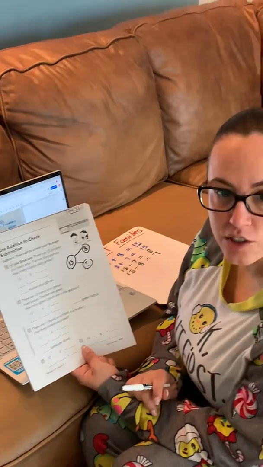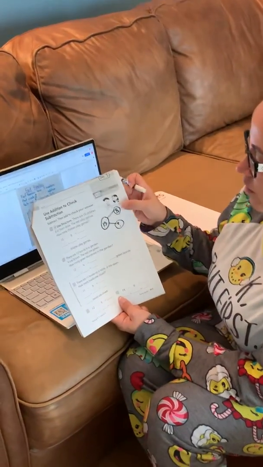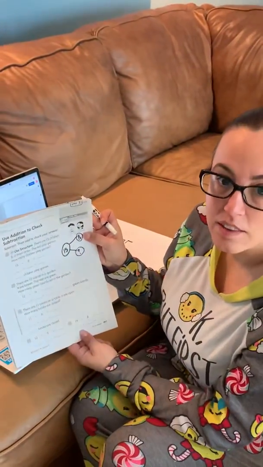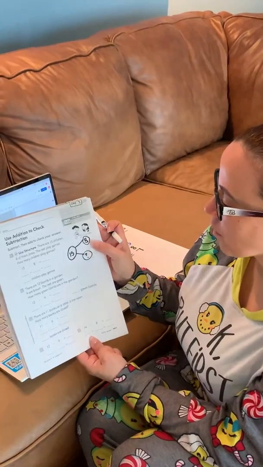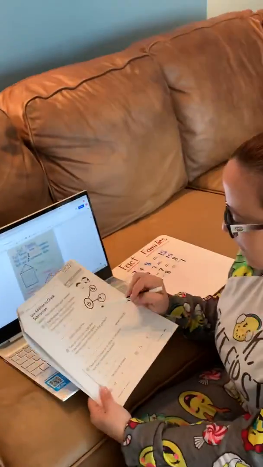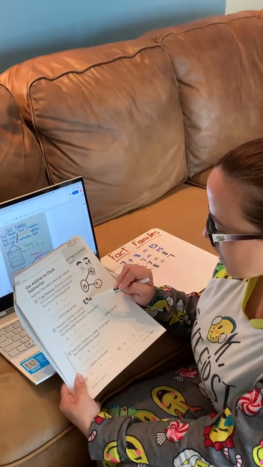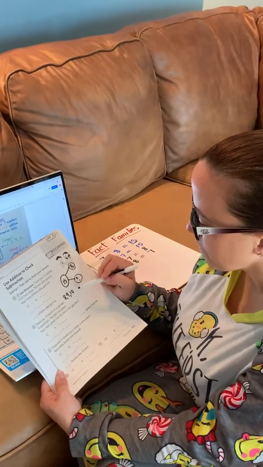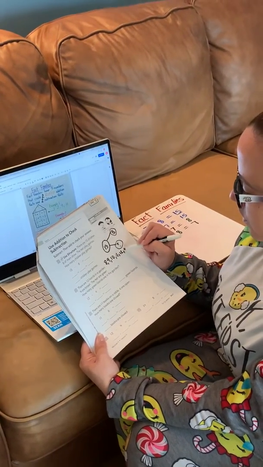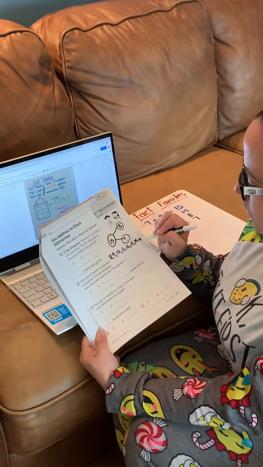So one of the strategies I also use is the counting on strategy. So if I start at 8, and I count on to number 15, that should give me my other part. So I'm going to start with 8, and I'm going to count on to 15. So 8, 9, 10, 11, 12, 13, 14, 15.